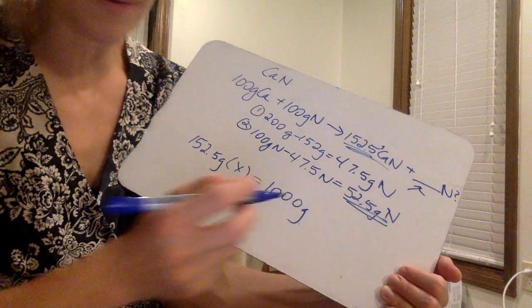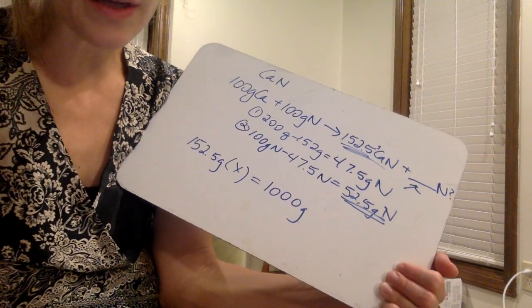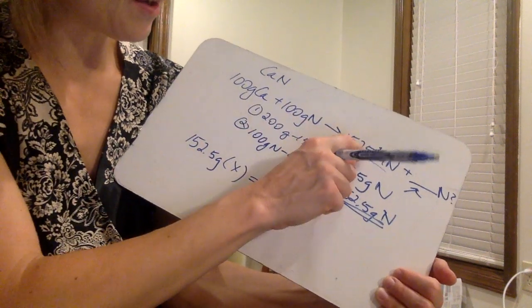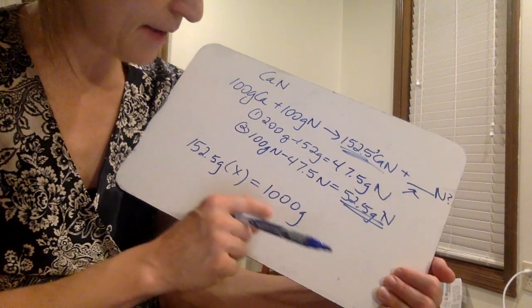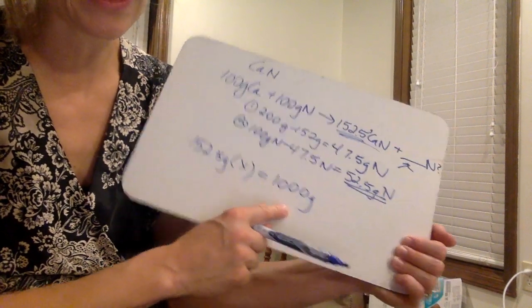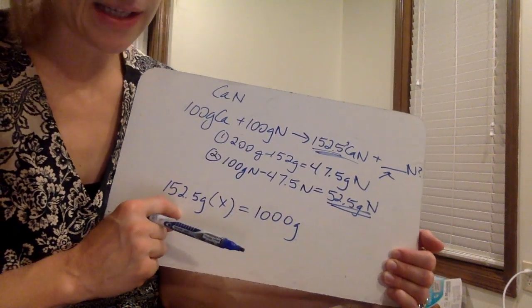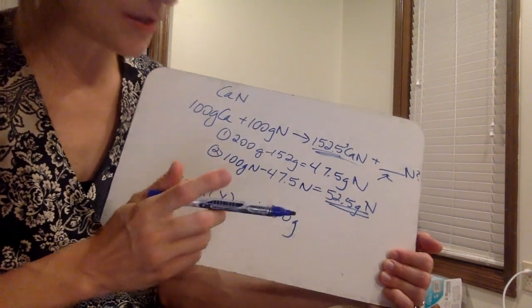And here's where you need to be careful. They ask you to find 1.0 kilograms, but this is already in grams, so I can't just put 1.0 kg over here. I have to get this into grams, or I have to turn this into kilograms. I have to do one or the other so they match.